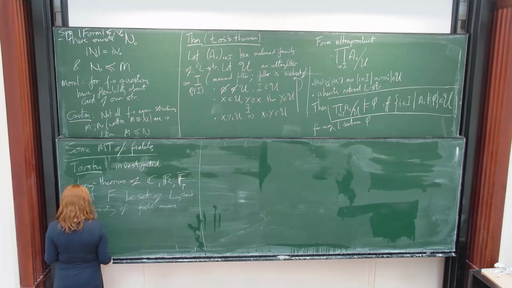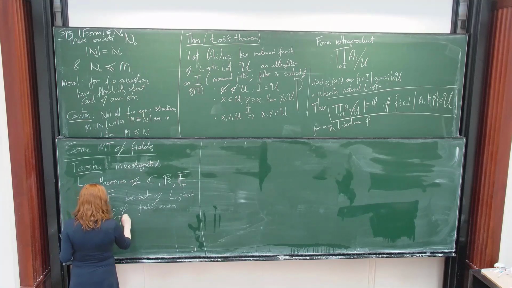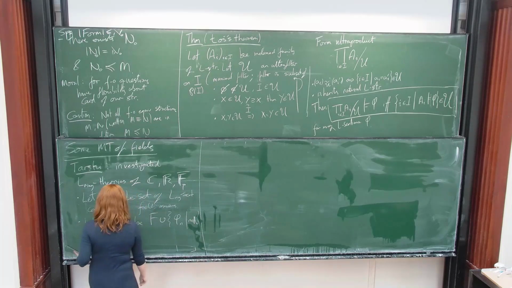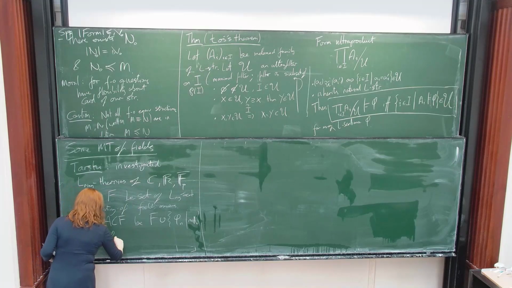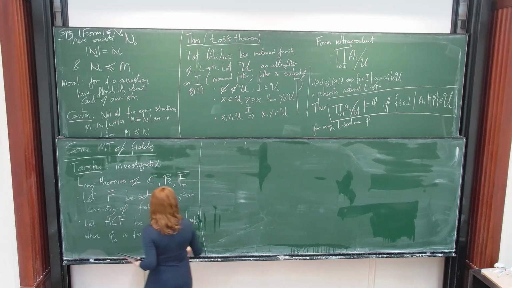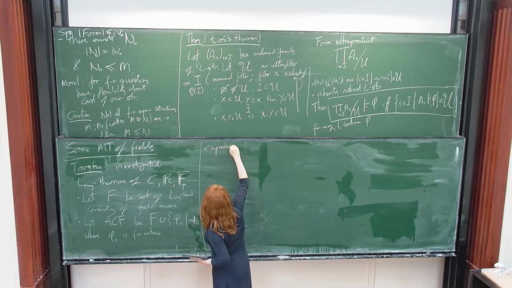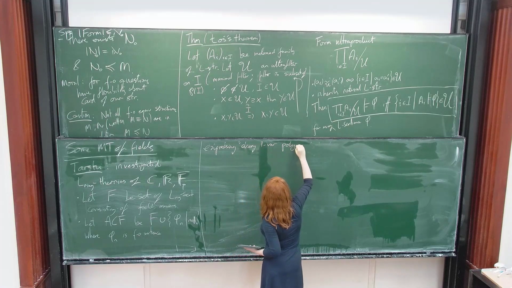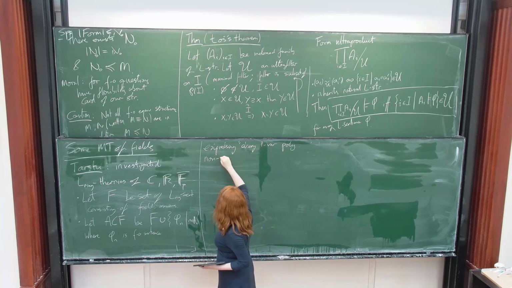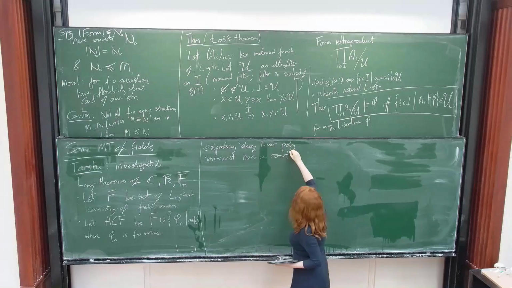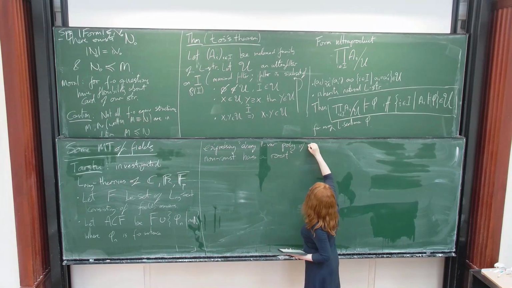We can also let ACF be F union phi_n, preferably n a natural number, where phi_n is a first order sentence in the language of rings expressing every one variable polynomial of degree at most n, which is non-constant, has a root.